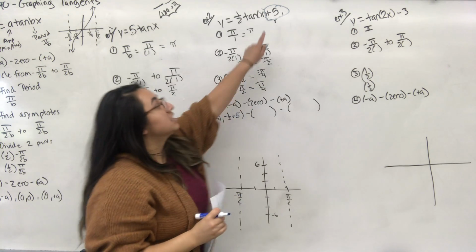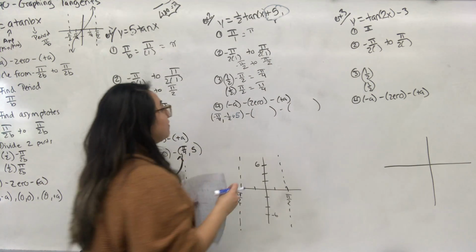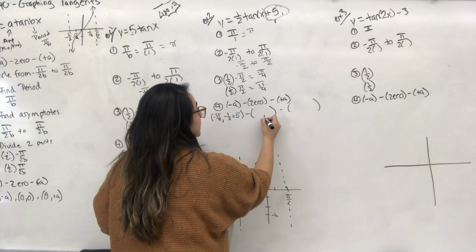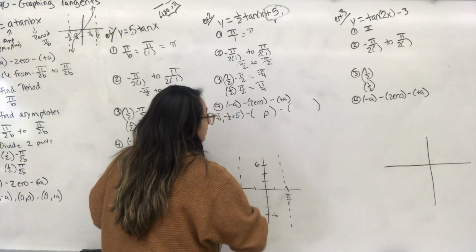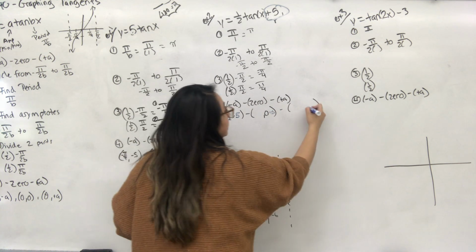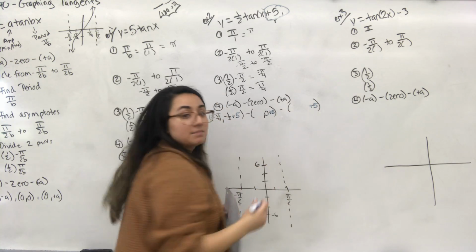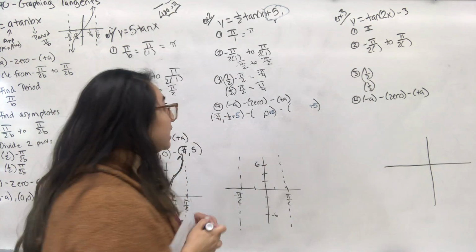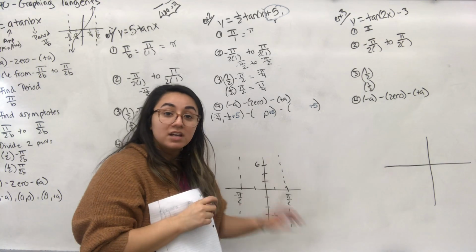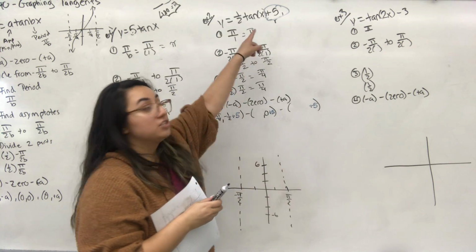The reason why we add 5 is because it's a positive, so we're going to be adding 5 for, I would say it's called a negative coordinate. So I would add 5 here, and then whatever this is, I would add 5 here. So this marker is running out, but I think you can see it. So I'm going to be adding 5 to each of the y coordinate because of my shift right there.